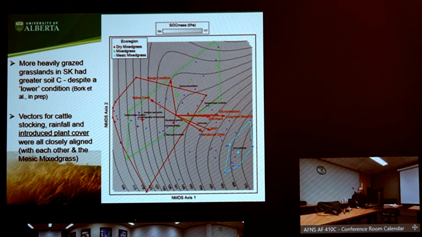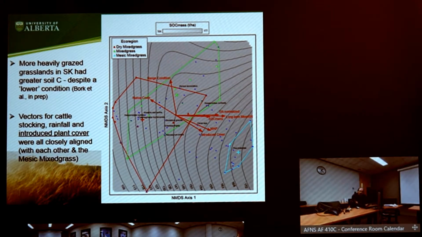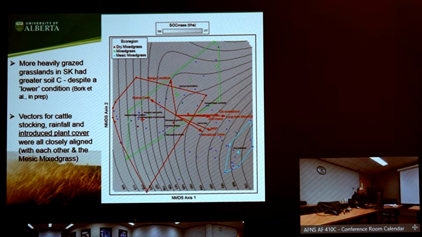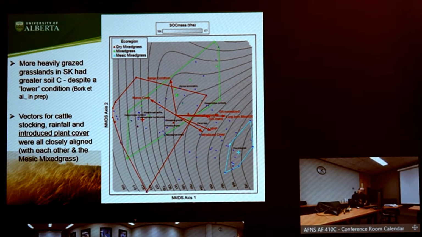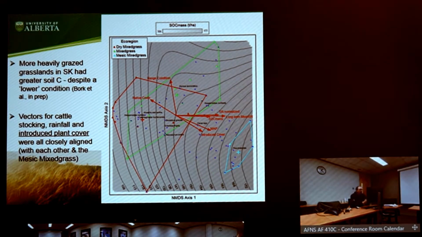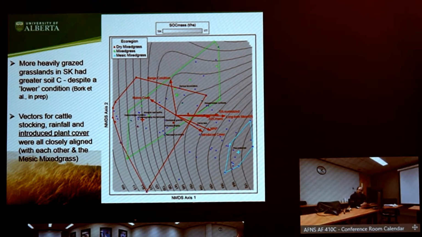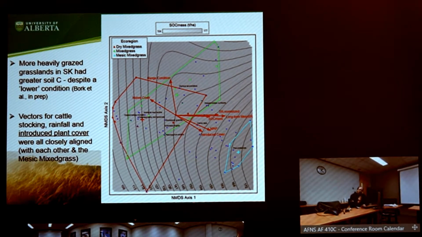So when we dug into possible explanations as to why this might be occurring, if you recall what I said earlier, that more heavily grazed grasslands, even though they were grazed harder, they tended to have more carbon, but that's despite lower condition. But the lower condition is really nativeness.